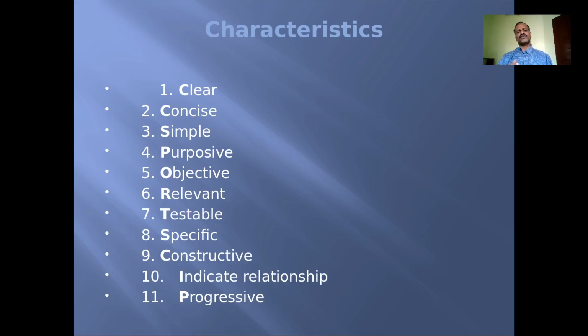But as far as possible, make the hypothesis concise, and the next point is simple. Once it is clear and concise, that will be simple also. So that is the third criterion.